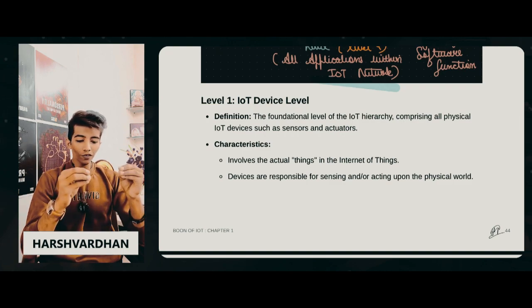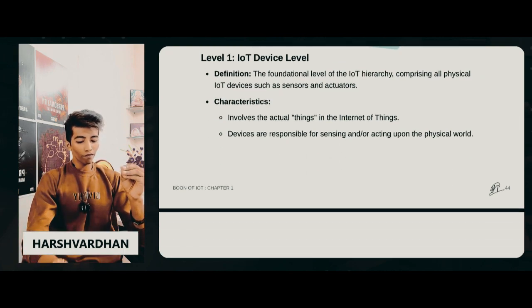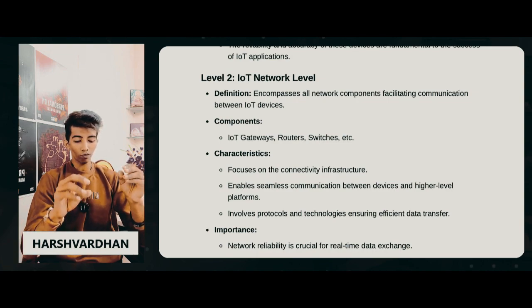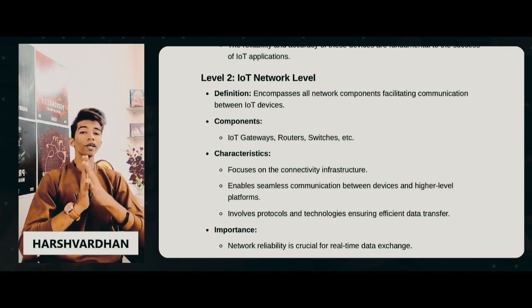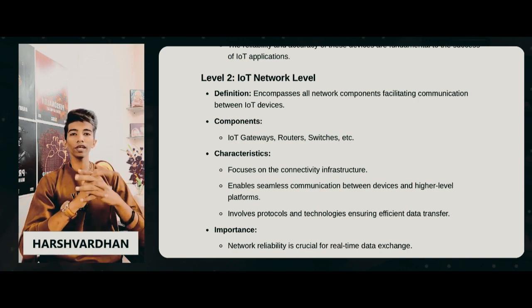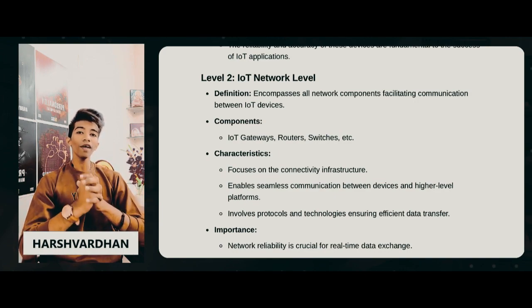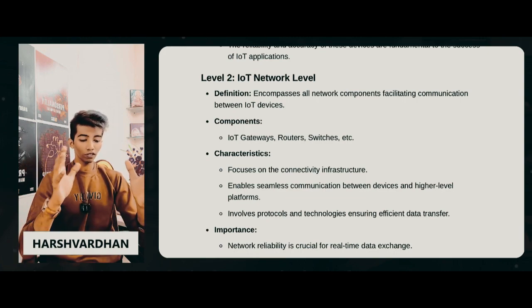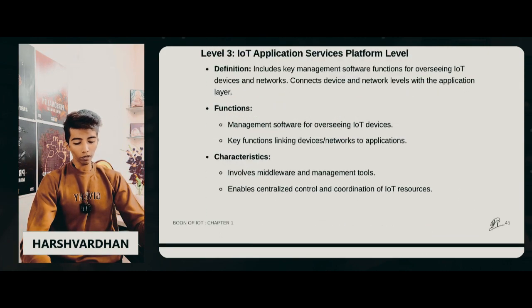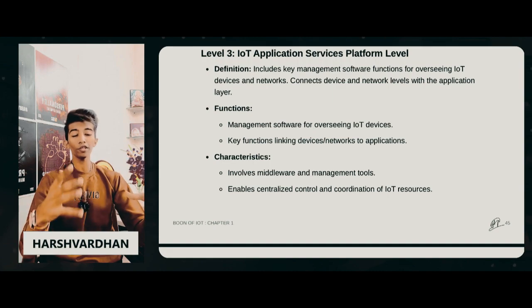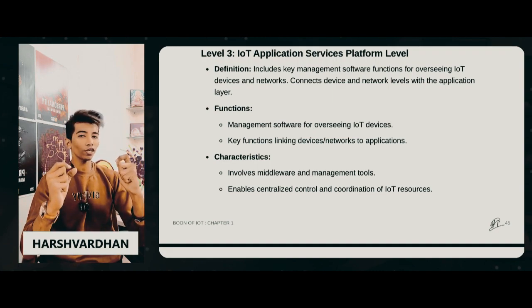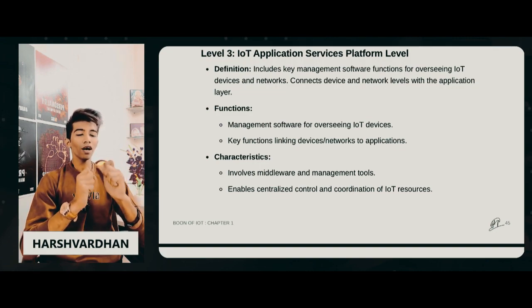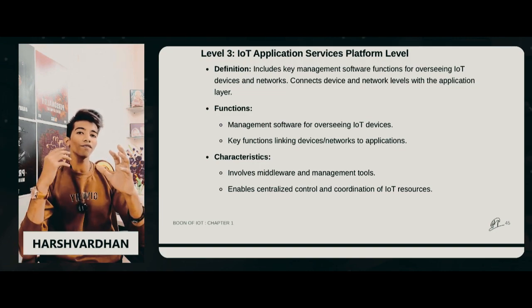After the IoT device level, we have one more level, which is the IoT network level. It encompasses all kinds of network facilities, which are essential for communication between the IoT devices. After that we have components such as IoT gateways and routers, which are present in the network. At the IoT application service platform level, the key management software functions are there, where you manage the data, or the reference of that data, as easily as possible.